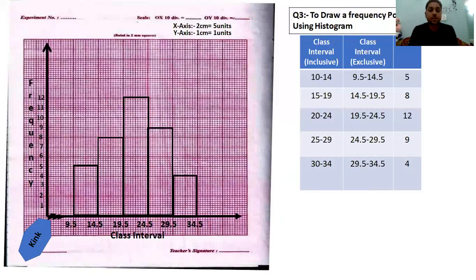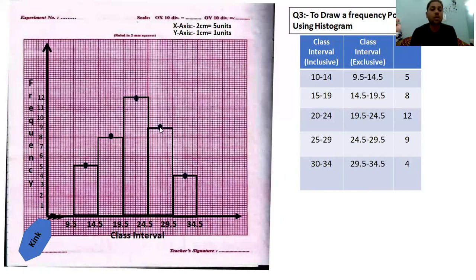To draw a frequency polygon using a histogram, just observe the middle of these two numbers, 9.5 and 14.5. This number will be here. Find the central point of each bar of the histogram.